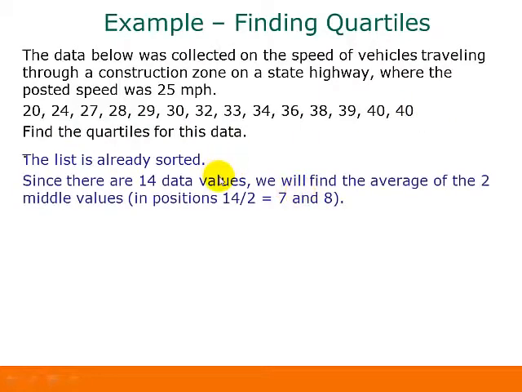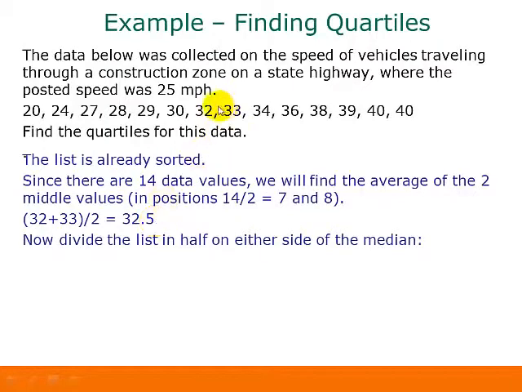And there are 14 data values in this list, so to find the median, we will find the average of the 2 middle values. And again, those would be in positions 7 and 8. So that would be the 32 and the 33. So if we average those 2 values, we get 32.5. That's our median.